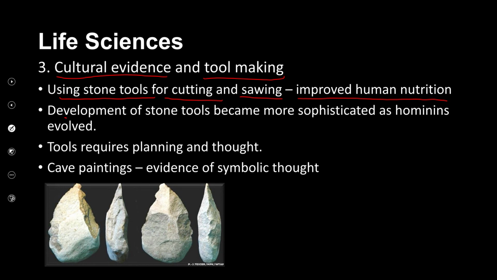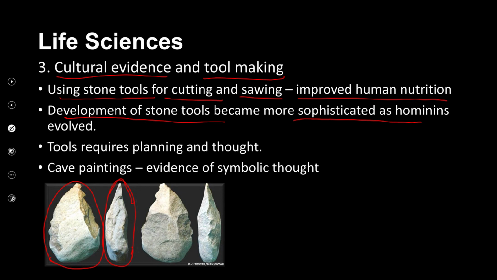Okay, development of stone tools became more sophisticated. In other words, they weren't just basic. Here you can see in this picture a basic stone where they've created a sharp edge. And then they became a little bit more sophisticated. This one is a bit more elongated and has a sharper point at the top.